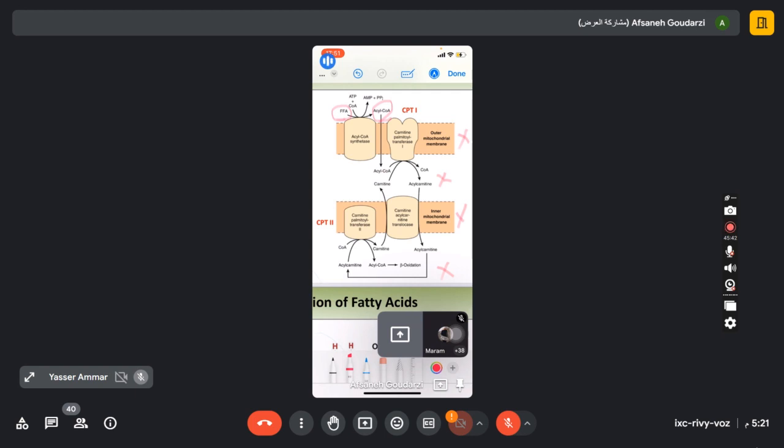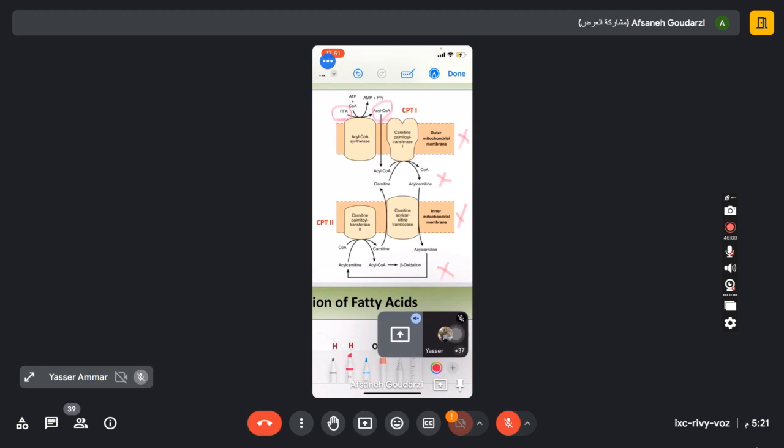Okay, so I said acyl because I have not given you any information on the chain of the fatty acid. I didn't tell you how many carbons we have in this fatty acid. That's why I say acyl-CoA. So when we want to change FFA to acyl-CoA, we use 2 molecules of ATP.